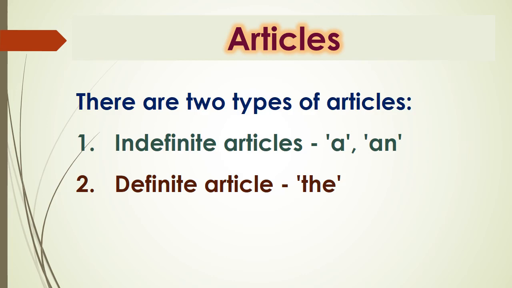Articles are words used with a noun to specify the grammatical definiteness of a noun. In other words, they define whether something is specific or unspecific. And they are a, an, and the. Two types of articles are the indefinite article and the definite article. Okay, students? Good.